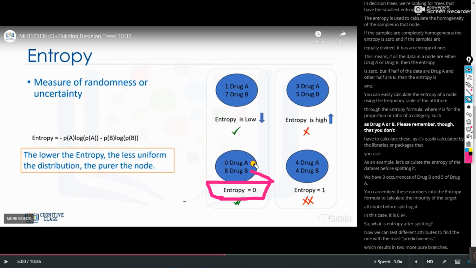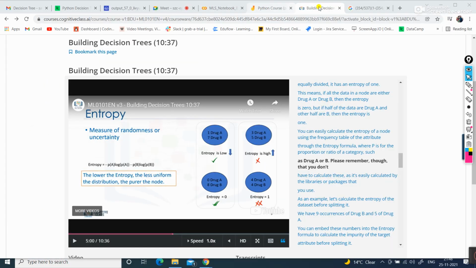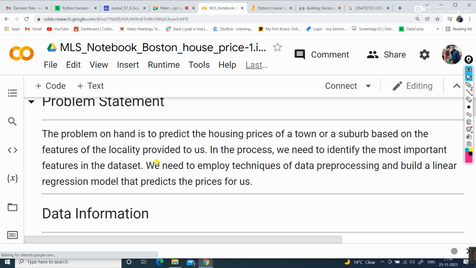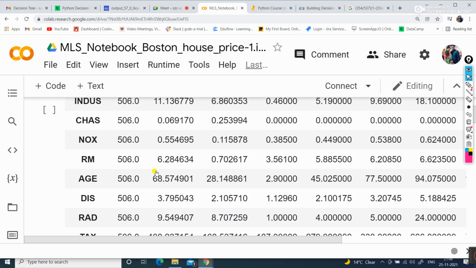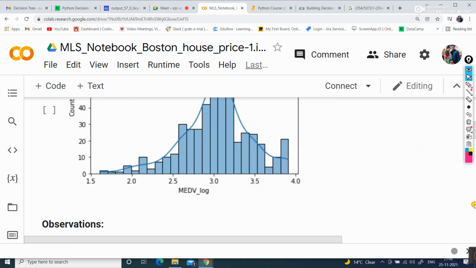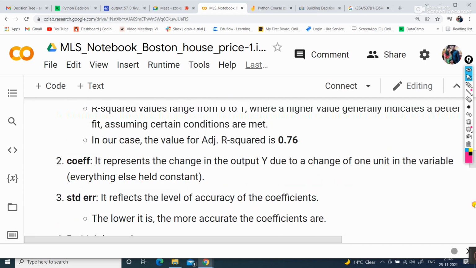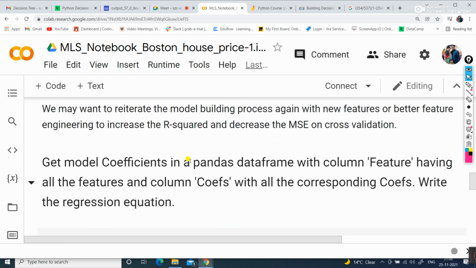Okay, so going back to the decision tree, our file.